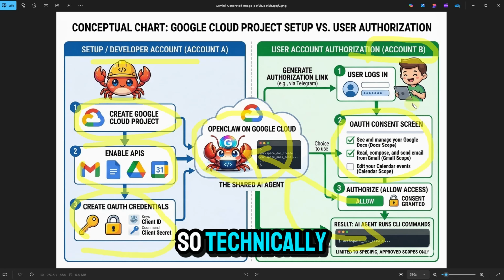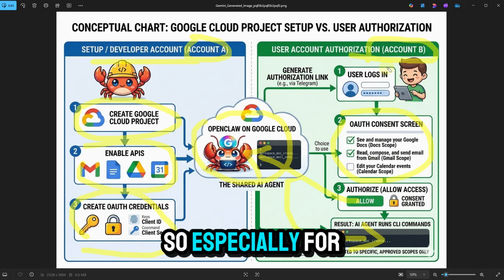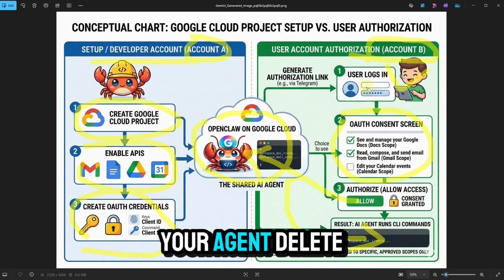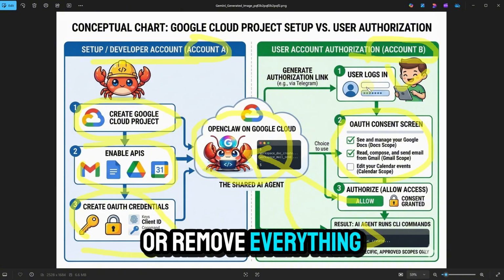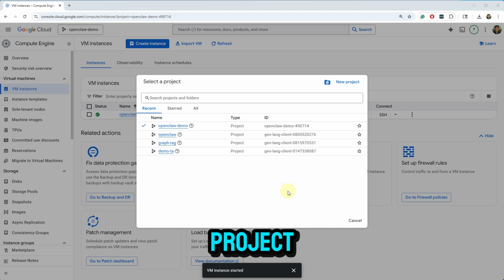Technically, you can just use one account as both account A and account B, but it is highly recommended that you use a separate account, especially for account B, just in case your AI agent deletes all your emails or removes everything from your Google Drive.